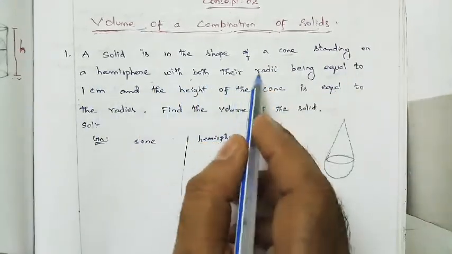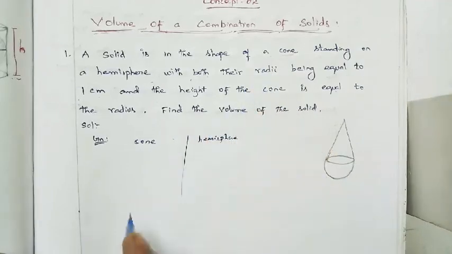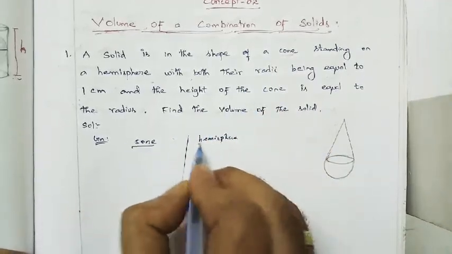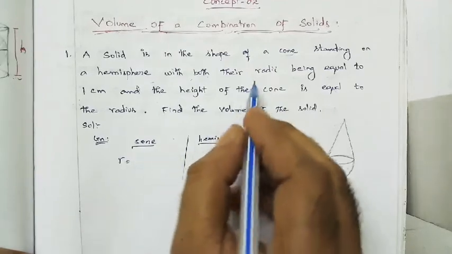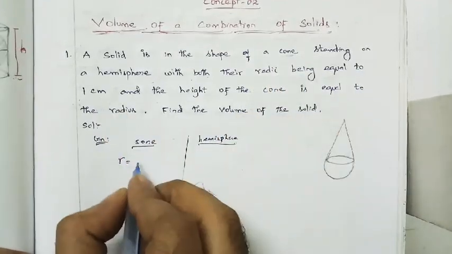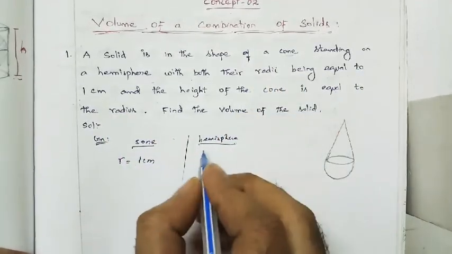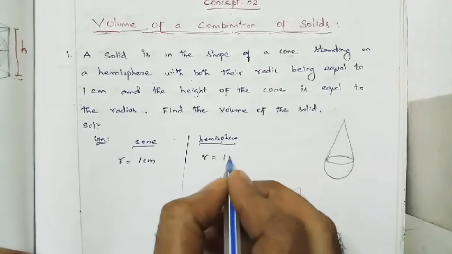The radius of the cone, r, is equal to 1 centimeter, and the radius of the hemisphere is equal to 1 centimeter.